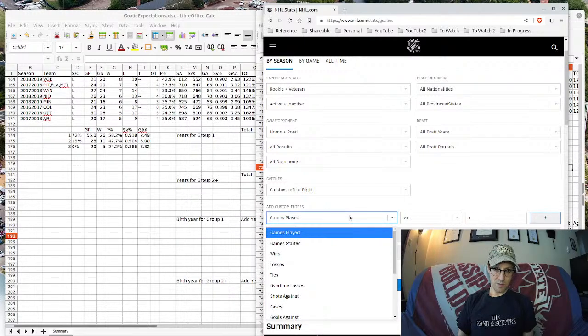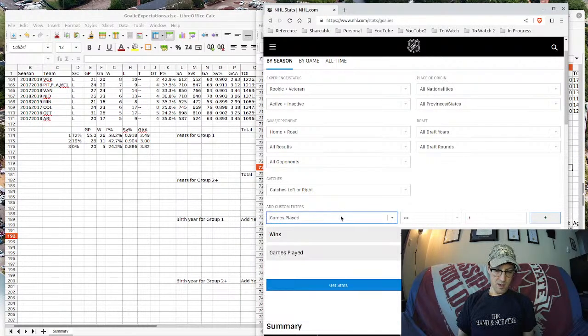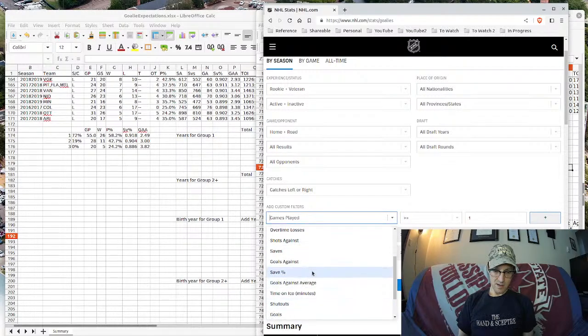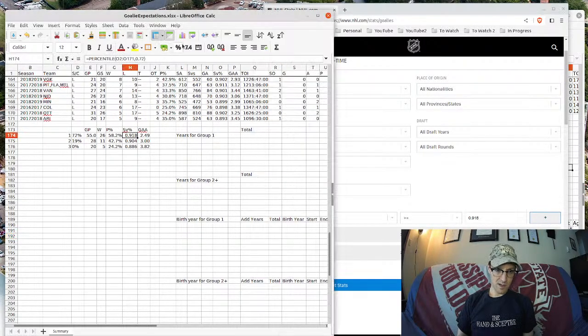We'll disregard point percentage because they don't have that. And then we want save percentage greater than or equal to .918. Actually, let's see.